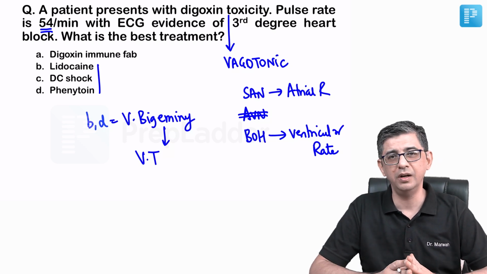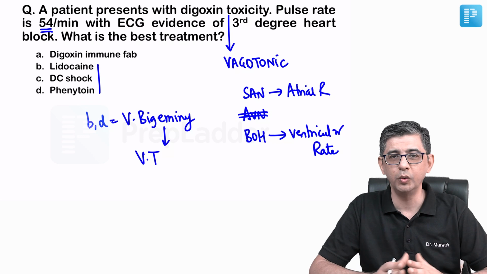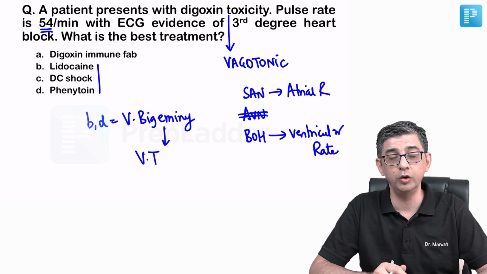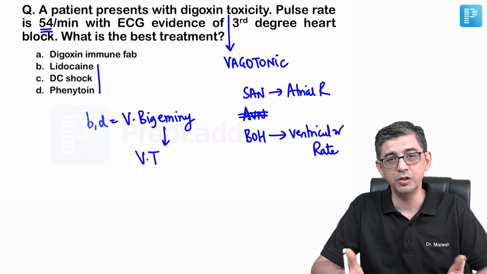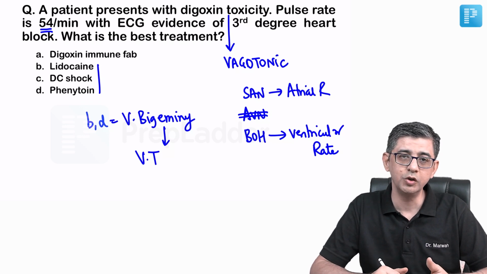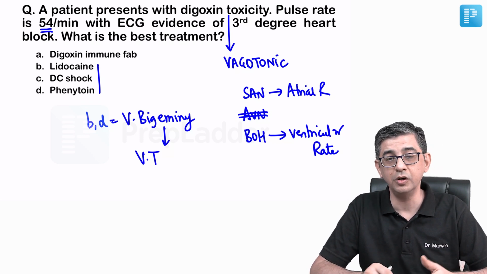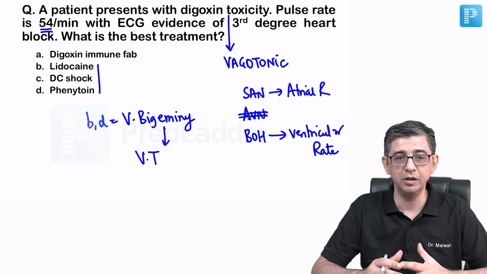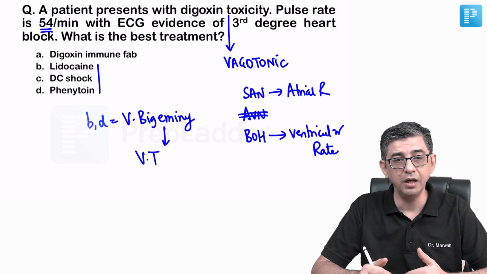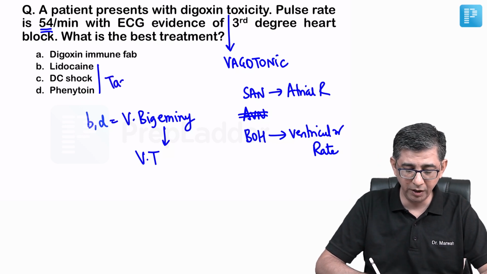Phenytoin, well, I can say like this, I always say this: it is the only example in cardiology where they are using a CNS drug, because phenytoin is used in epilepsy, but phenytoin is used in digoxin toxicity for ventricular bigeminy because of its membrane stabilizing effect. So B, C, and D, in fact, are all designed to handle a tachyarrhythmia.